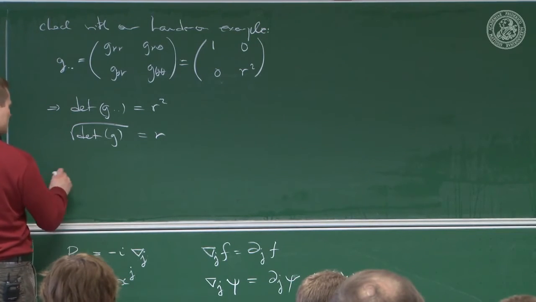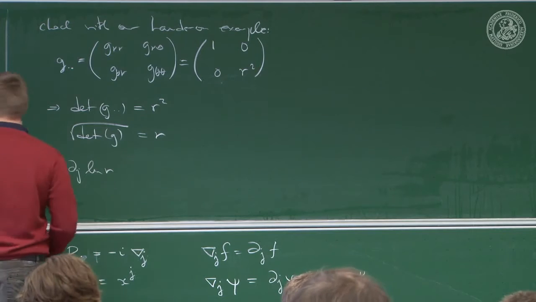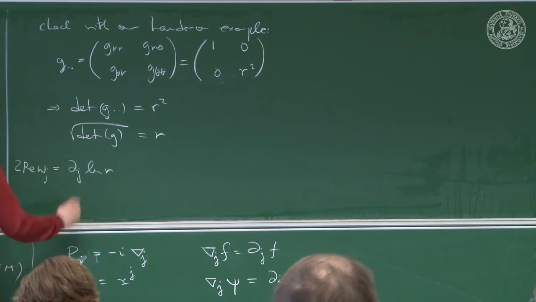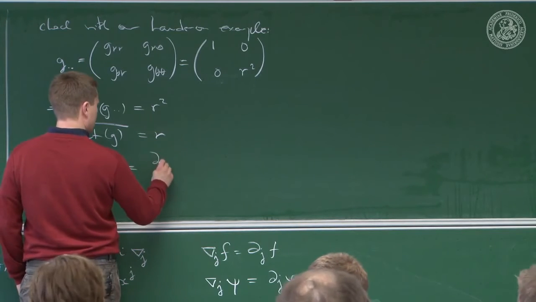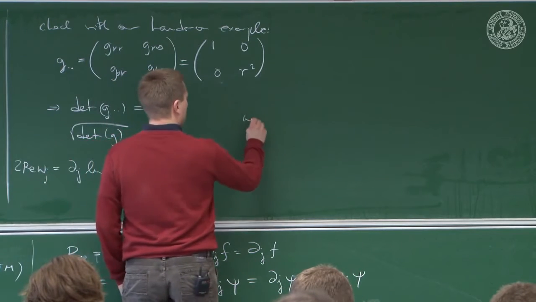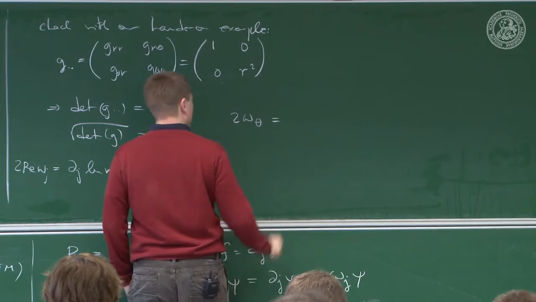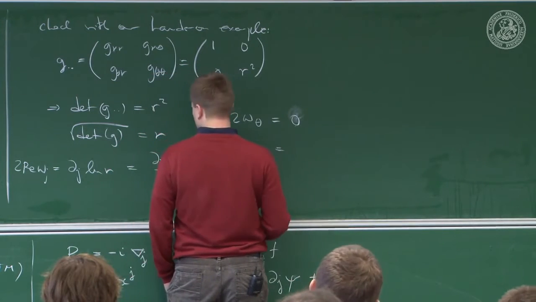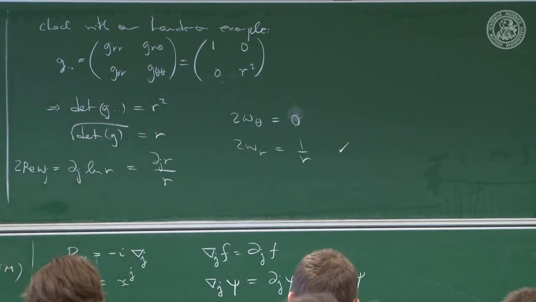And so then we calculate del j of ln r, right? And this is supposed to be 2 times the real part of omega j. And you know what that is. This is del j r over r. And that is, for omega theta, if we already take it real, 0. And for omega r, this is 1 over r. And that's exactly the result we got before by hand.